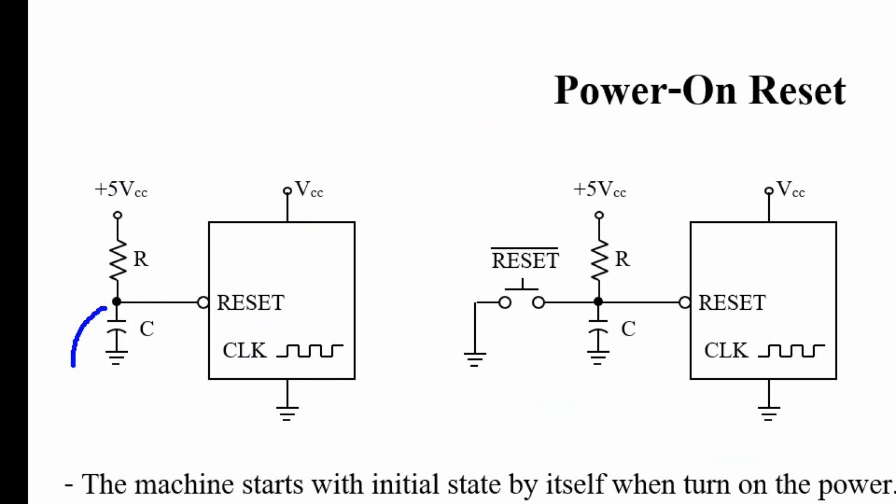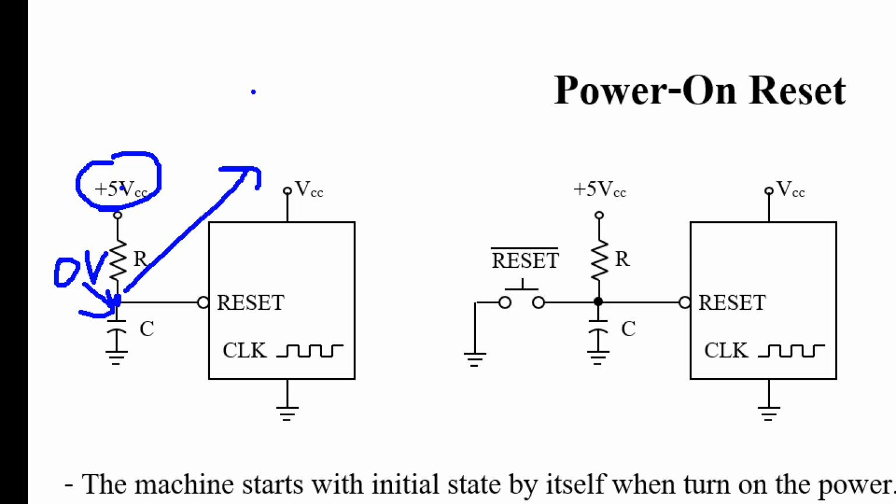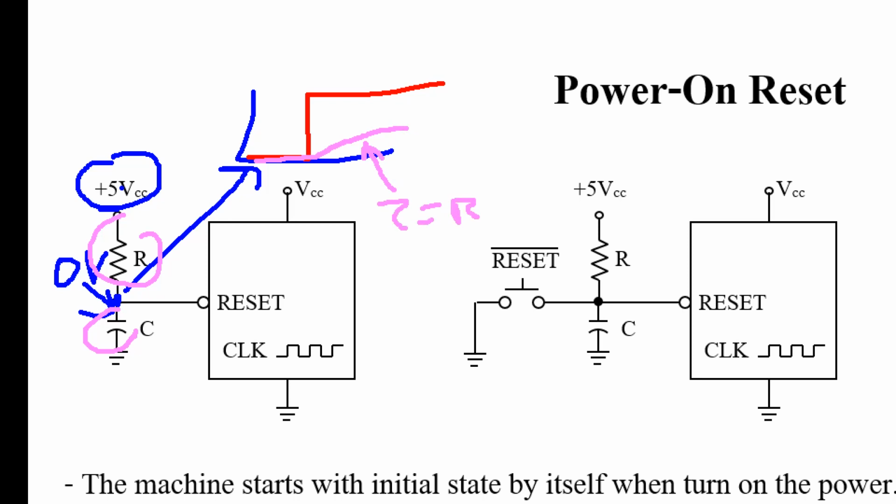You can do it by adding a capacitor at here. Namely, at the beginning, this point is 0, right? When you apply the power supply here, now this point changes to 5, but it does not change from 0 to 5 suddenly, because of the RC, right? So it will increase slowly. The rate of change is based on the time constant of RC.